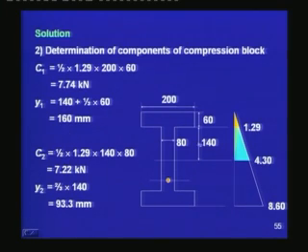C2, which is the area of the green triangle, is equal to half times 1.29, which is the base, times the altitude, which is 140, times the breadth of the web, which is 80, which gives us C2 is equal to 7.22 kilonewtons. The location of the centroid of the triangle is 2/3 of 140, which is equal to 93.3 millimeters from the CGC.